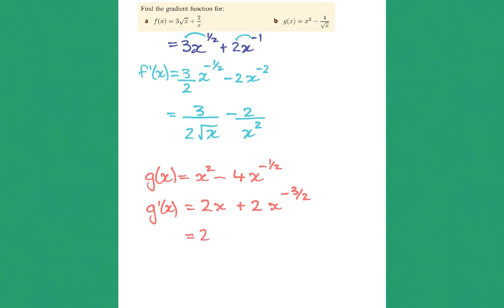That's -1/2 minus 1. So that's 2x to the -3 on 2. And we're going to leave it like that. So questions in 15A, questions 3 and 4 will help you practice these couple of skills here.